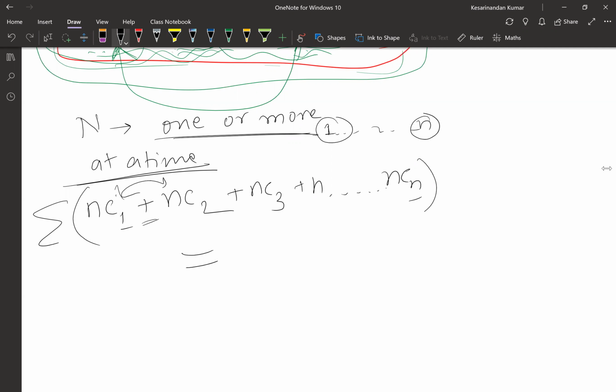Is this something to do with the binomial theorem? Yes, it is the binomial theorem basically. 1 plus x raised to n was your binomial theorem.